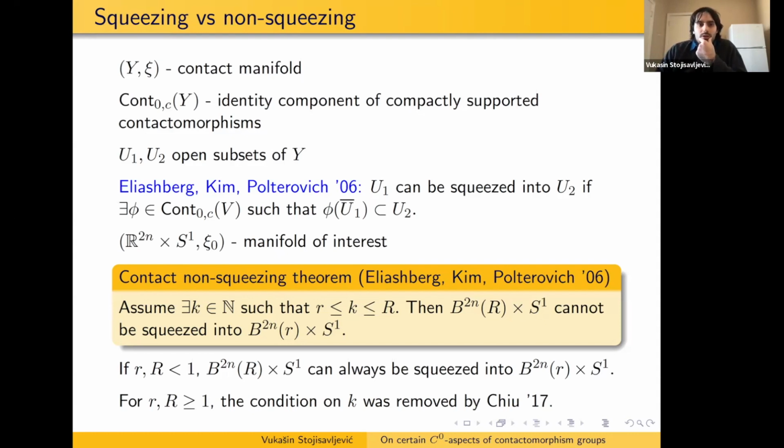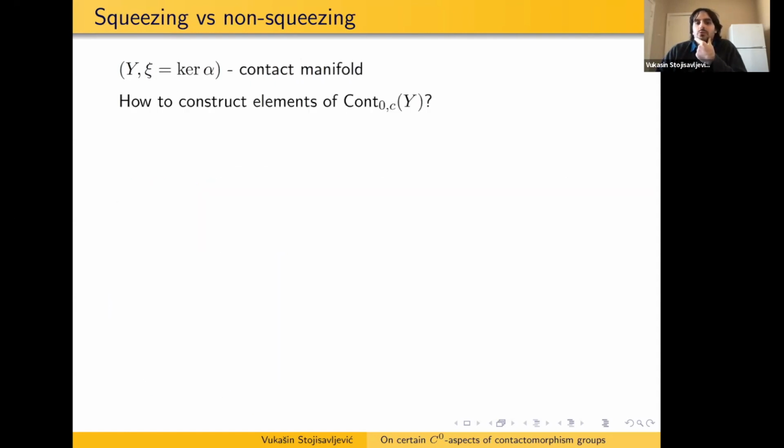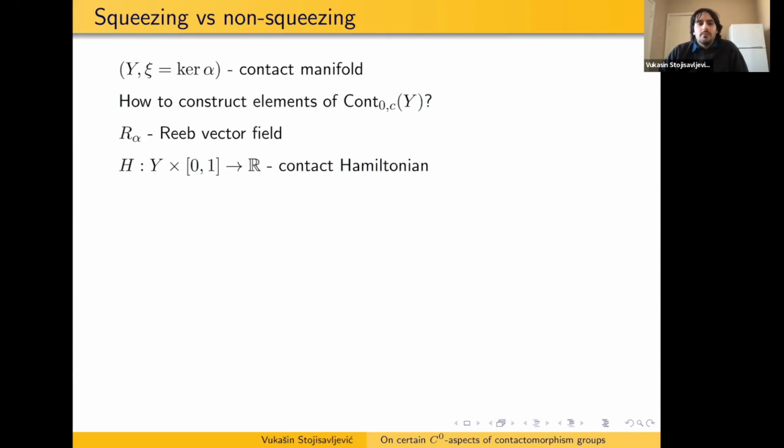And one more thing which one might naturally ask at this point is how do we even construct these isotopies? This theorem is about something, but are there many isotopies? The answer is that there is something similar to the Hamiltonian formalism, but in the contact case. We fix the Reeb vector field, I mean, we fix the contact form. And then we may again look at the contact Hamiltonian.